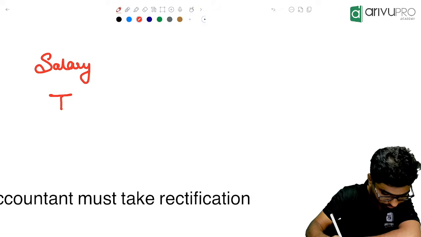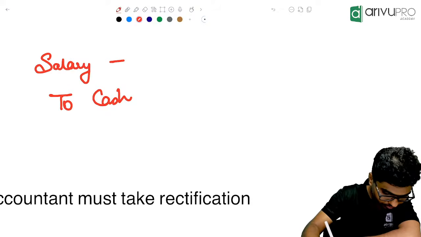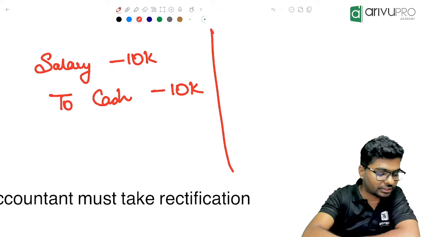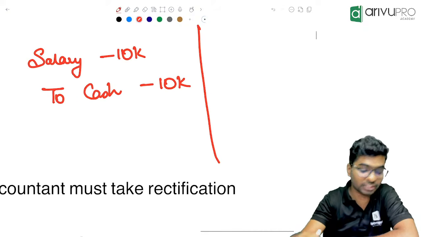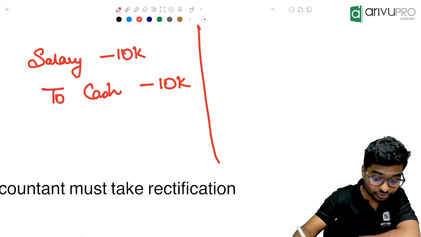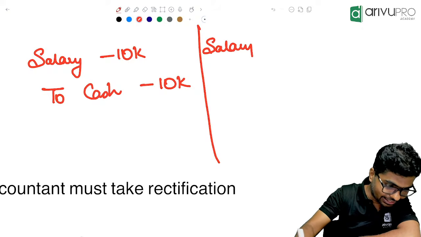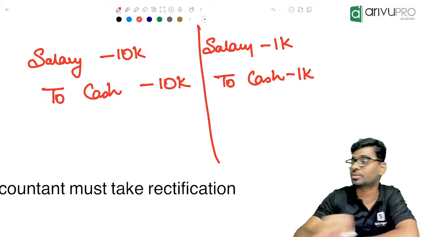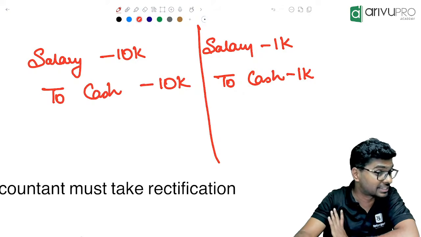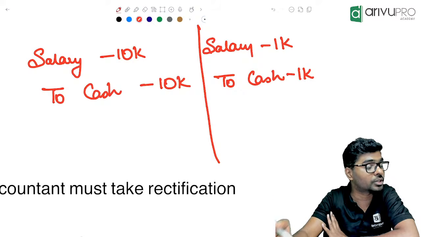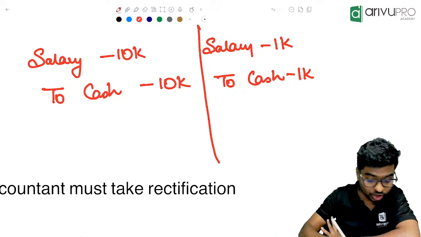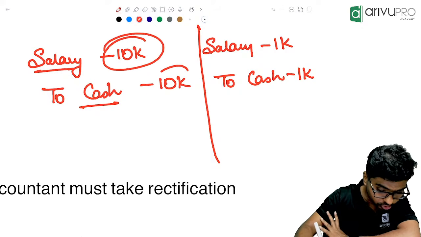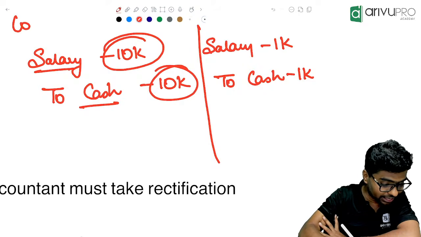Salary to cash 10,000. Right? Now, instead of that, I wrote it as salary to cash 1,000. Now, are the accounts right? Accounts means names of the accounts. Are the amounts right? Then we call it an error of commission.